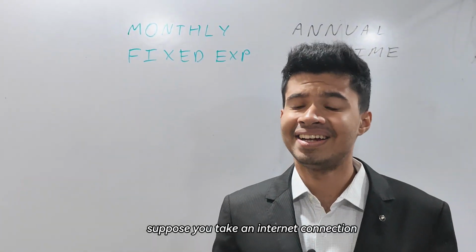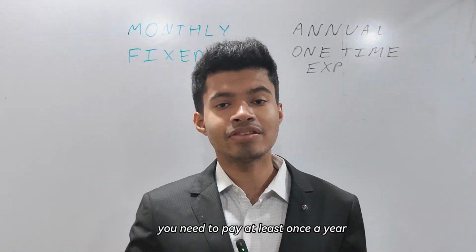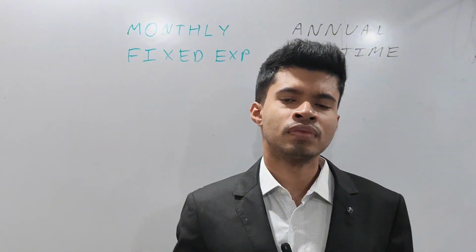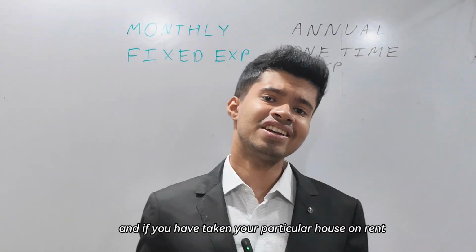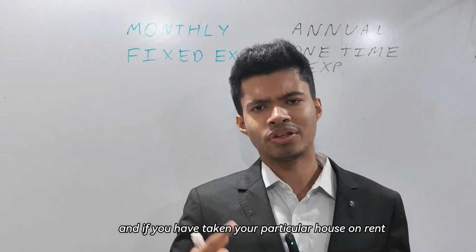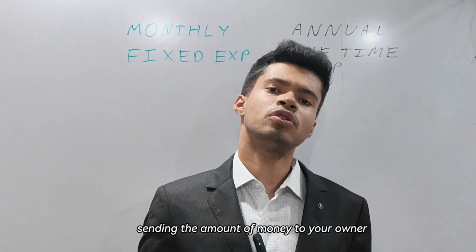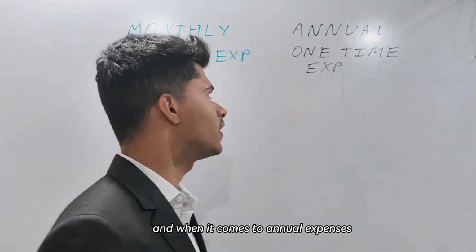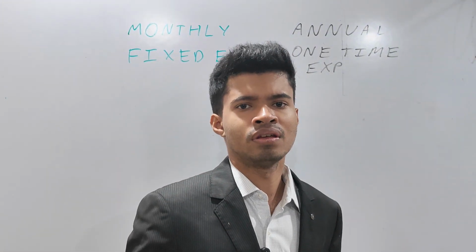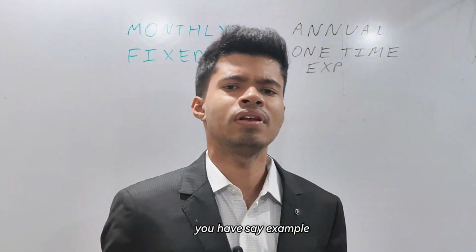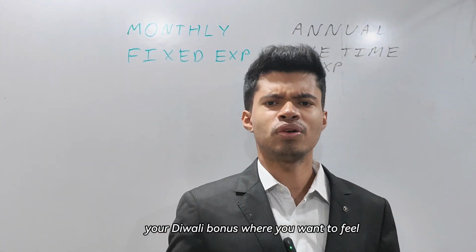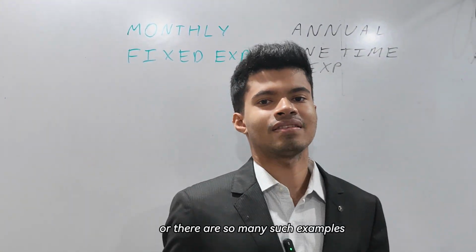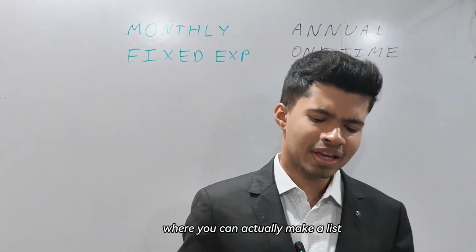Suppose you take an internet connection, you need to pay every month to keep that connection. And if you have taken your house on rent, you need to keep sending money to your owner. That's when you'll be able to live over there. And when it comes to annual expenses, you have your gifts. You have, say, for example, your Diwali bonus, where you feel like spending something. Or there are so many such examples where you can actually make a list.